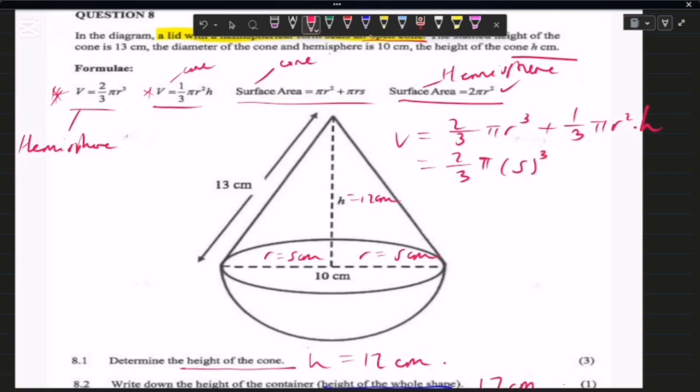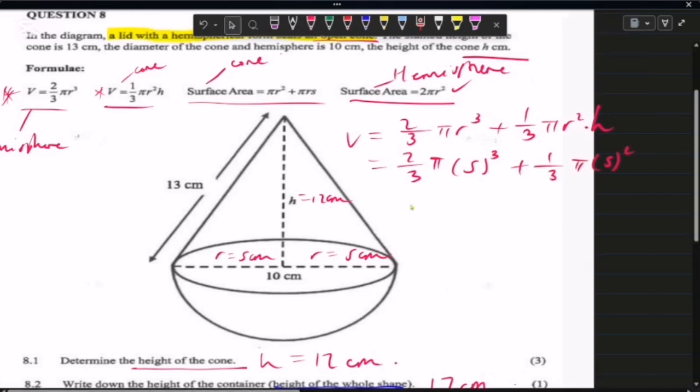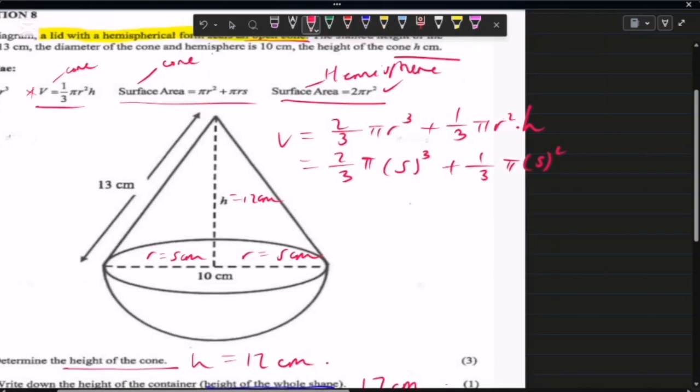And then 1 over 3 pi 5 squared. So it's 5 squared, and then the height of the cone is 12 centimeters.